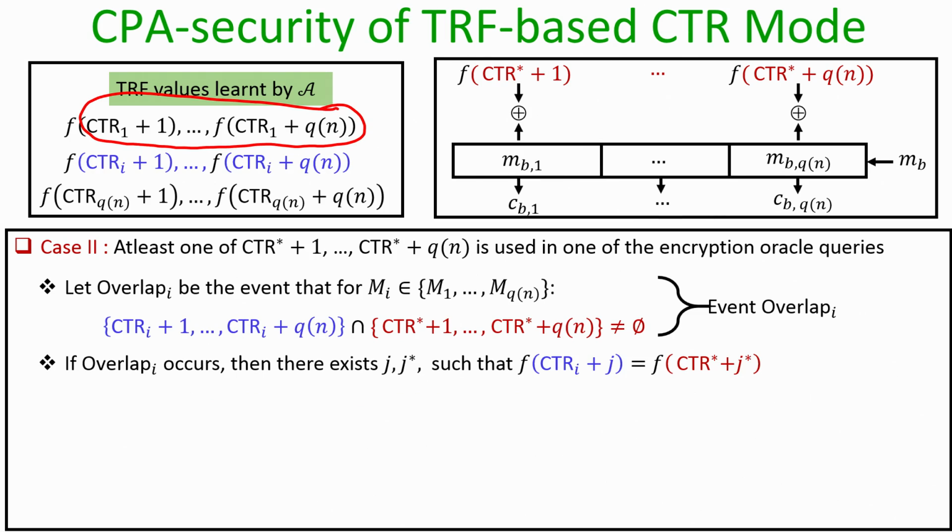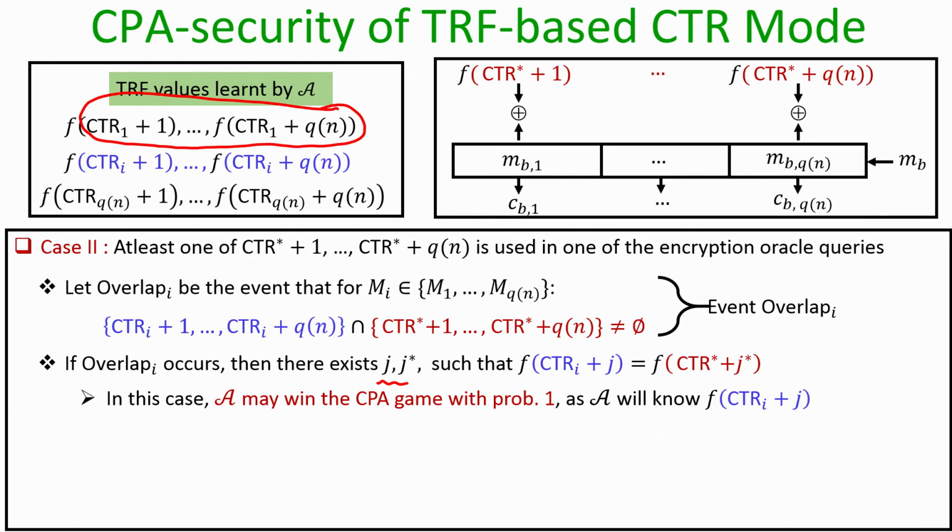Before going into the consequence, it should be clear that if the event overlap I occurs, that means there exist some indices j and j star such that the counter value used to encrypt the jth block in the message mi and the j star block in the message mb are the same. If this event occurs, then the adversary can clearly win the CPA game with probability 1, because the adversary will know the counter value which has been used to encrypt the jth block of the message mi, and the adversary will see all the counter values actually used for encrypting the challenge plaintext mb, because those counter values are part of the challenge ciphertext.